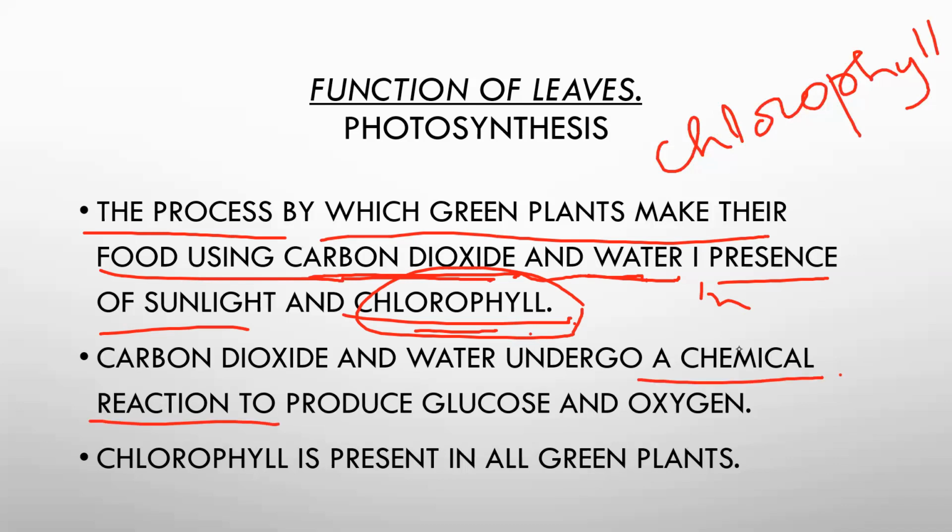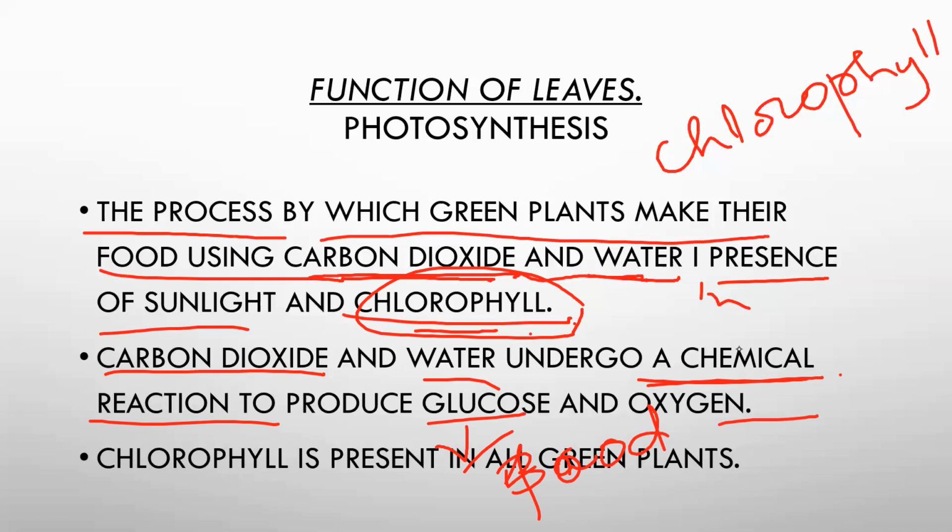Here a chemical reaction refers to the recombination of carbon dioxide and water to produce glucose. Glucose is basically the food of plants, and oxygen is a byproduct that is released into the atmosphere.